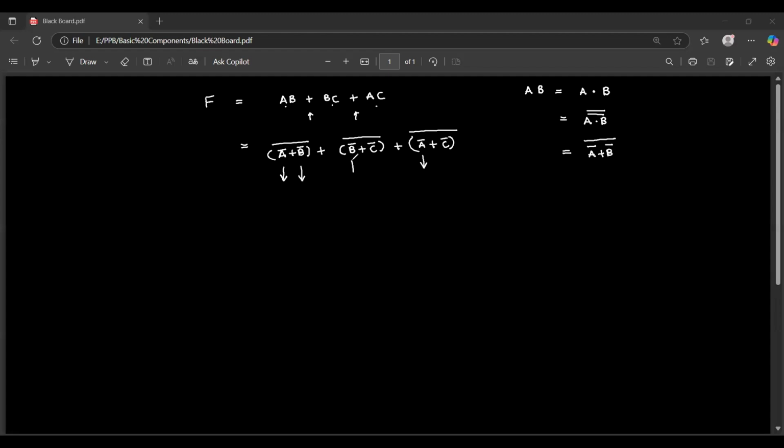Similarly, for B bar you can use one NOT gate, and for the two C bars you can use only one NOT gate. Which means you are going to use only three NOR gates here, and then here it is a NOR gate, here it is a NOR gate, here it is a NOR gate. So six NOR gates, and finally for the OR gate there will be two. So totally, you will be using only eight NOR gates. But if you do it directly, you might not reach the answer.